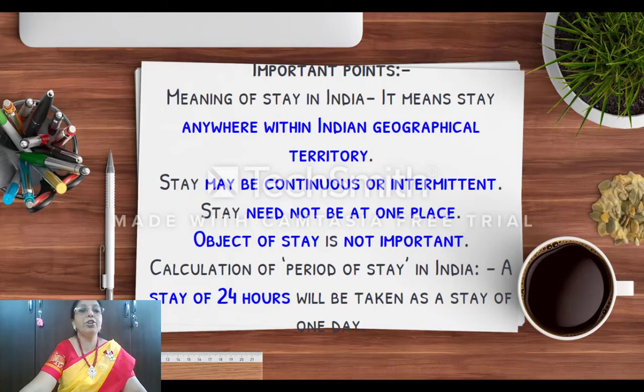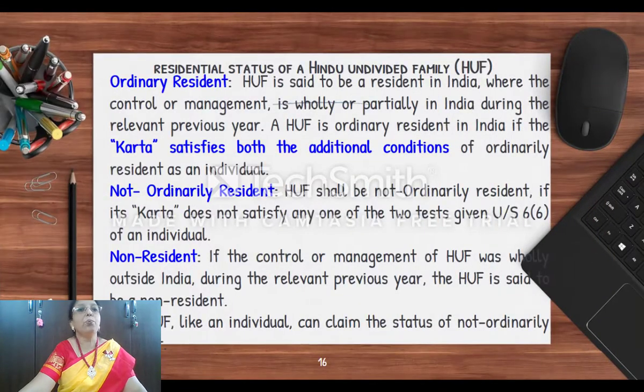So for the calculation of the period of stay in India, we will say 24 hours in a day will be 1 day. We all know 24 hours is 1 day. So for a person to be staying in India, we will calculate 24 hours as 1 day. When it comes to a Hindu undivided family, again, it can be a resident and ordinarily resident, not ordinarily resident, and a non-resident.